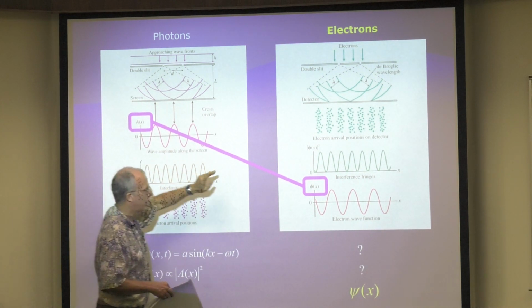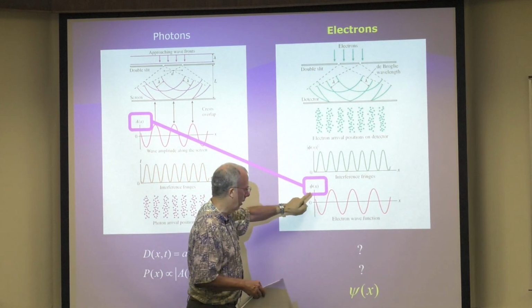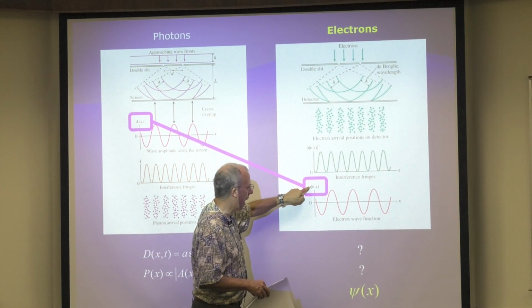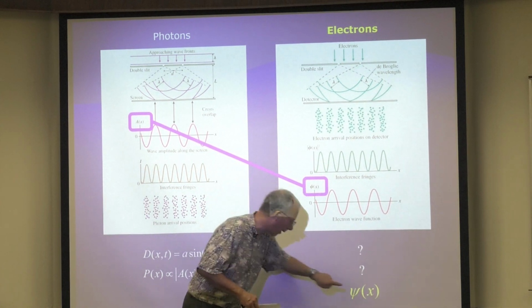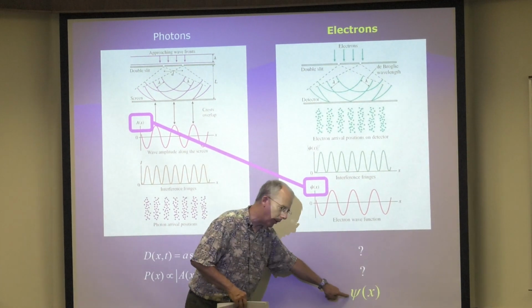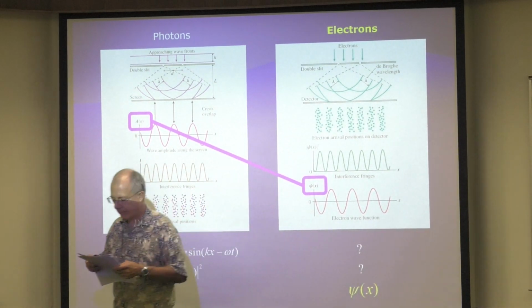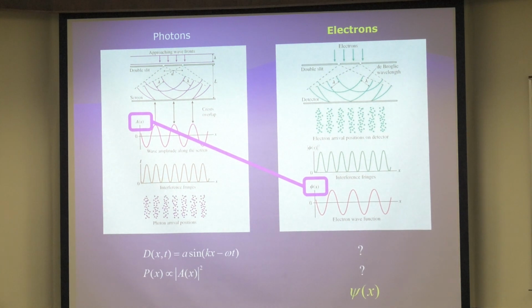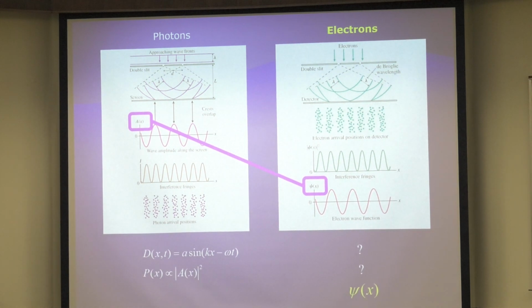They decided to call the electron wave psi, psi of x. That's uppercase Greek psi, all right? So the wave function is going to be called psi of x.